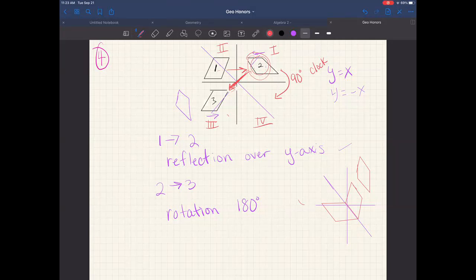Okay, that makes sense. But also, how come it's not over the line y equals negative x? Kaylee, it's not making sense.